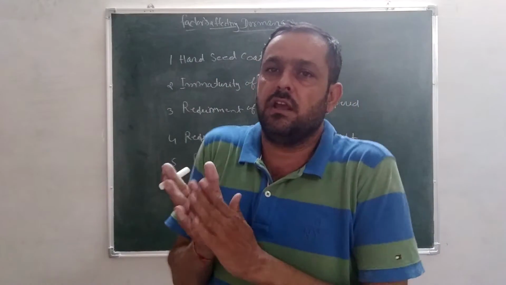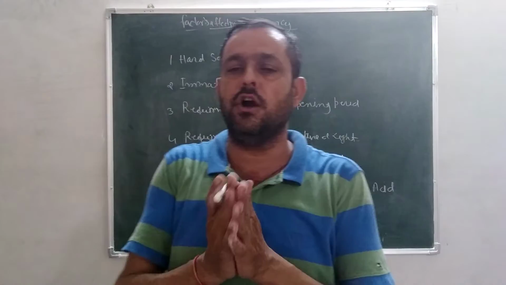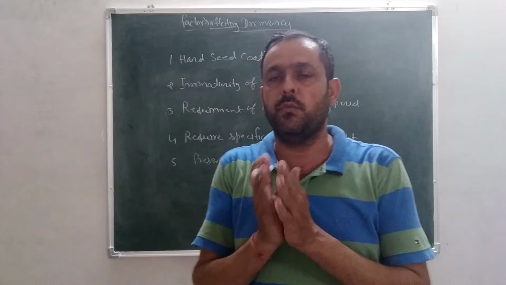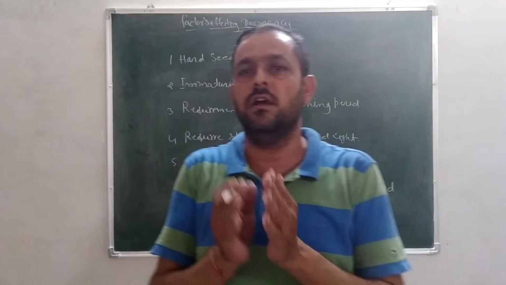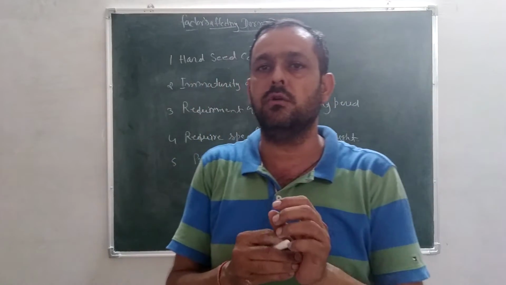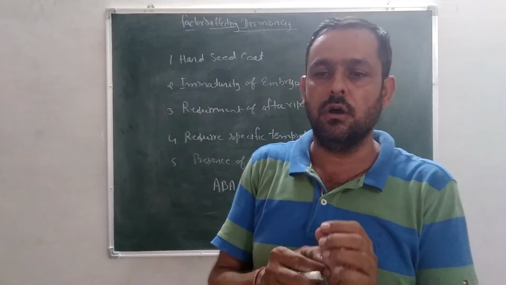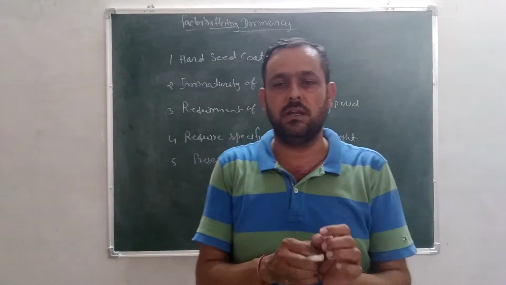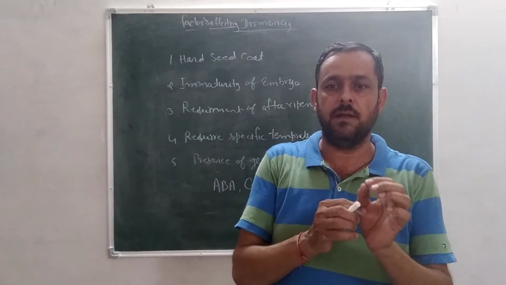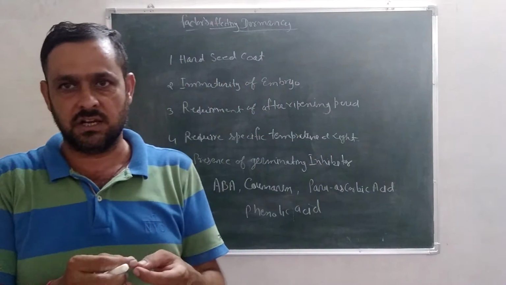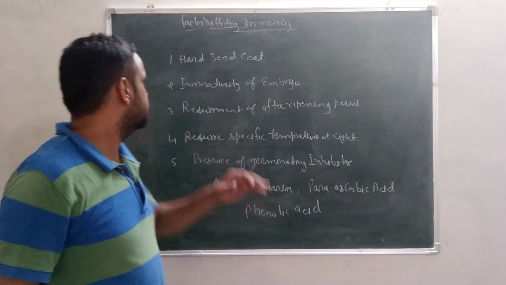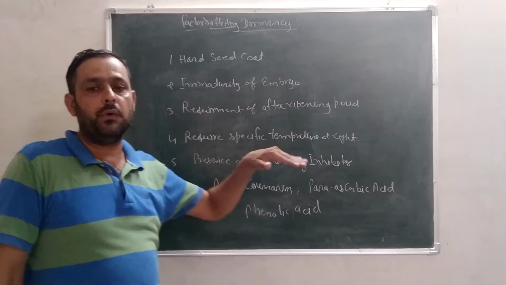First of all, hard seed coat. Germination starts by the activity of imbibition. But whenever a hard seed coat is found around the seed, the seed cannot absorb water, so it can't germinate. We can say this is the mechanical resistance found in plant seeds, just like amaranthus. Second, immaturity of embryo.